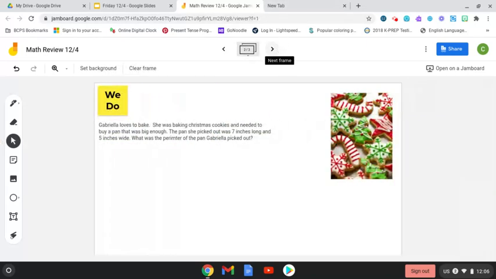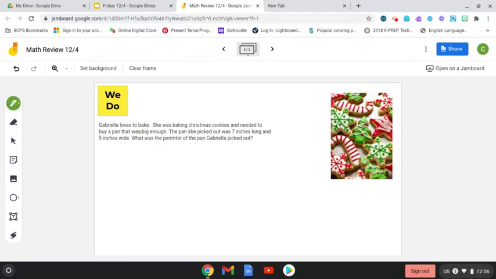And let's look at this one. Gabriella loves to bake. She was baking Christmas cookies and needed to buy a pan that was big enough. The pan she picked out was 7 inches long and 5 inches wide. What was the perimeter of the pan Gabriella picked out? So, again, I'm going to start off with finding some keywords here.